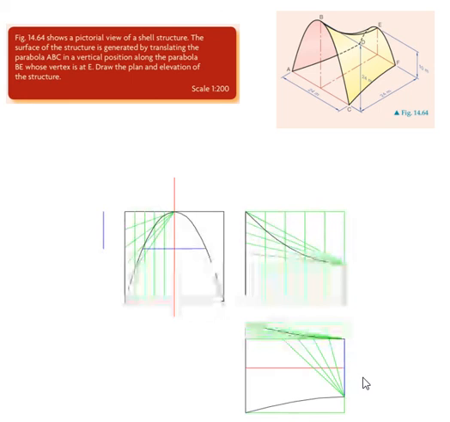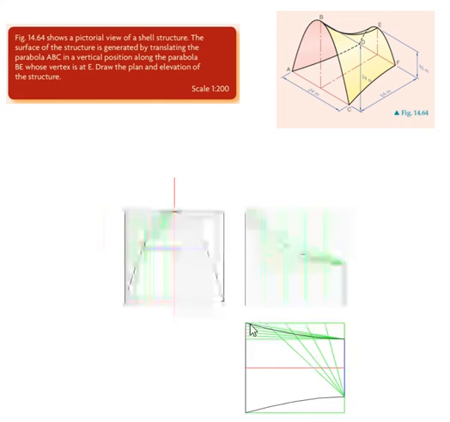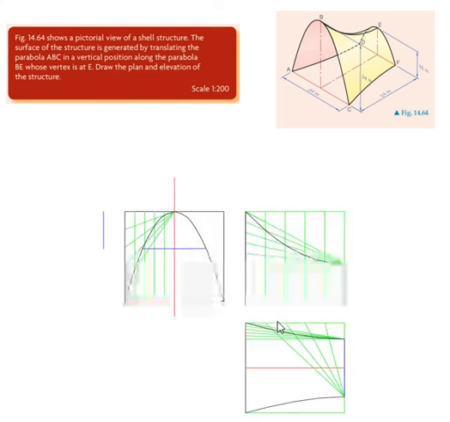Now, the curves, as you can see here, A to D, and C to F, those curves are hyperbolas. Okay, so how we construct them is we divide, once again, this side here into 5 parts, and then we divide this line here into 5 parts, as you can see here.